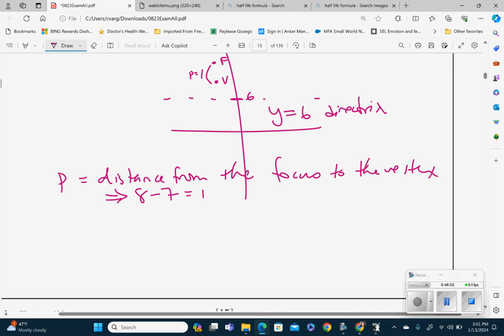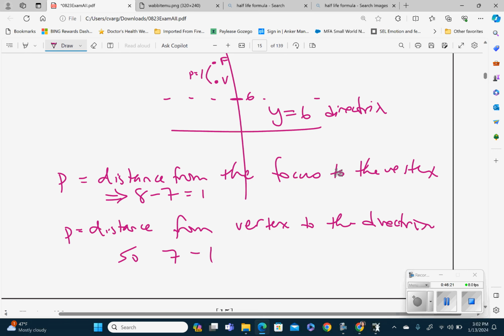And then we could say also that p is also the distance from the vertex to the directrix. So 7 minus 1 is going to equal 6, and so y equals 6 is our directrix. Right, so all we had to do is explain it.